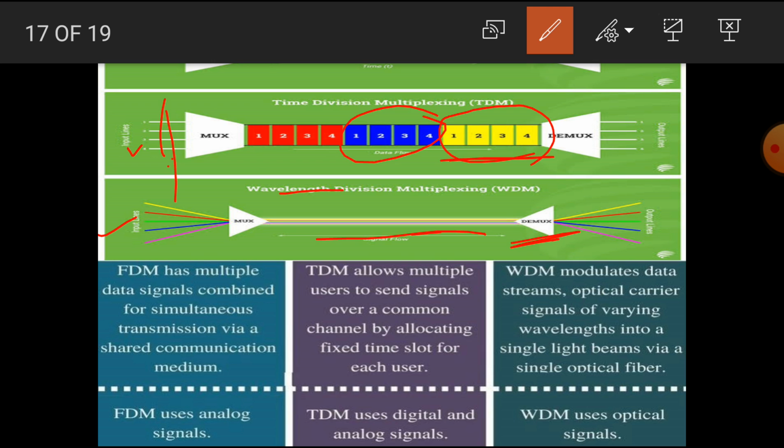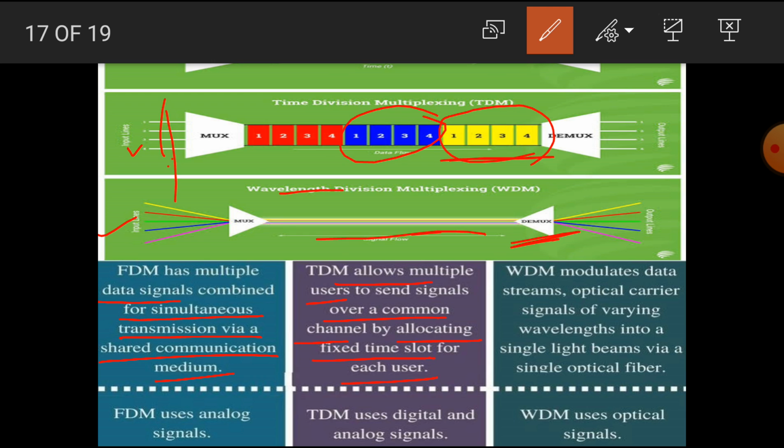The basic difference between the three types is that FDM, that means frequency division multiplexing, has multiple data signals combined for simultaneous transmission via a shared communication medium. TDM allows multiple users to send signals over a communication channel by allotting a fixed time slot for each user.